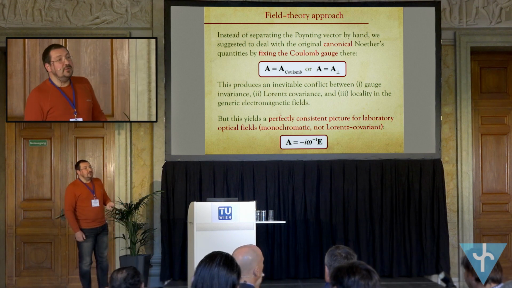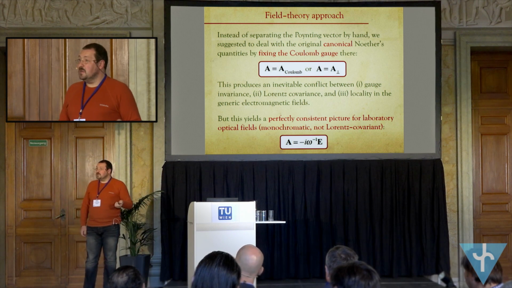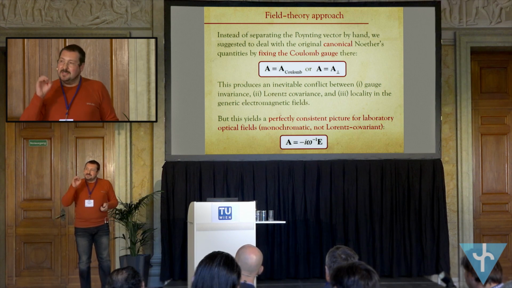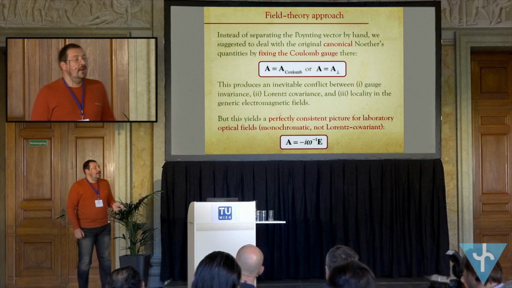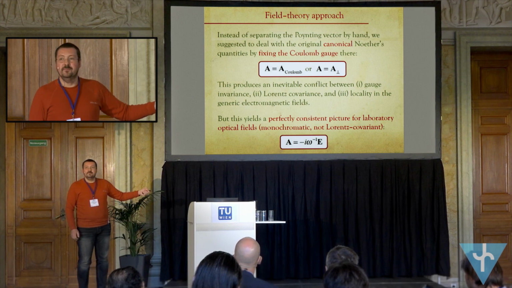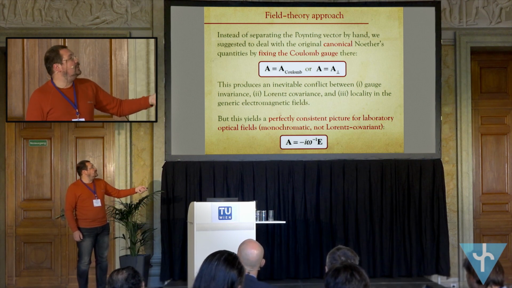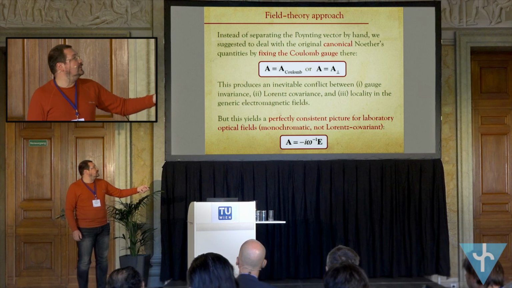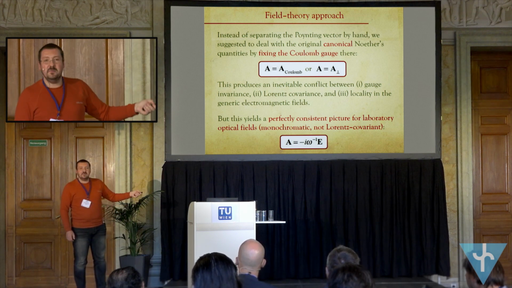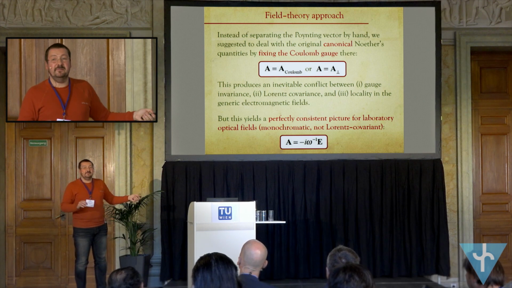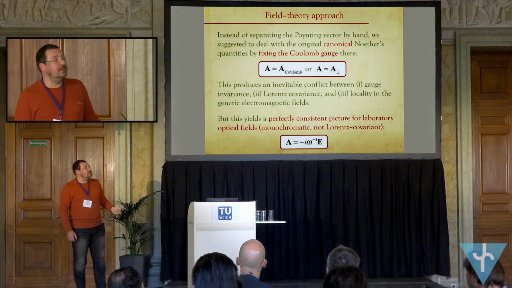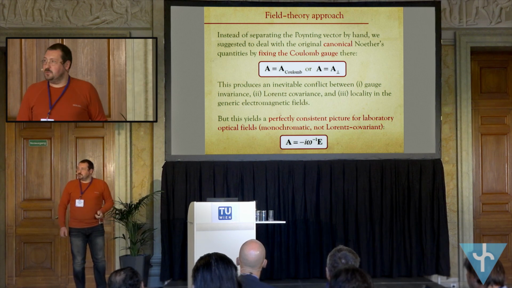Moreover, if we deal with monochromatic laser fields, monochromatic photons, this property is also preserved only in a single reference frame. And for monochromatic light, we have a local transverse vector potential, which is just proportional to the electric field with an omega to the minus one factor. Therefore, for monochromatic fields in the laboratory reference frame, we can consider this transverse vector potential, which solves all these problems.